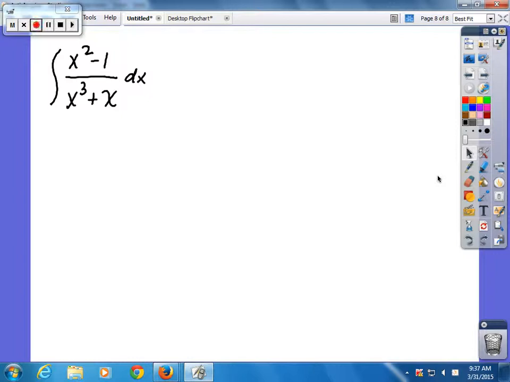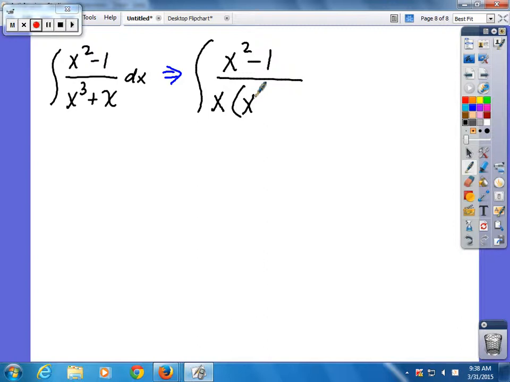Now, first thing you want to do is factor out the denominator. Now we're going to have to use partial fractions.